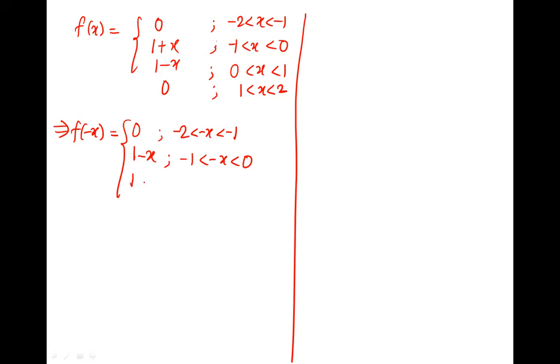Here also minus x, so 1 plus x, 0 minus x 1. And last is 0, here x is there, 1 minus x, 2. Only x I am changing by minus x. Okay, that is f of minus x is 0.